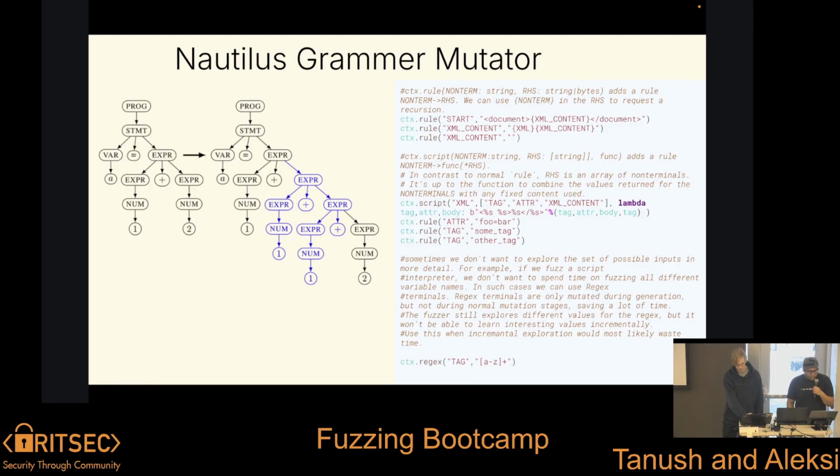And then we define XML content as empty as well. Then we go ahead and define possible values for XML. So tag, adder, and maybe XML content again. And we keep going down until we define a bunch of rules, and then we can keep adding things. And there's nice things in this library like regex. So if you want to define what the regex format for a specific grammar value is, you can do that.